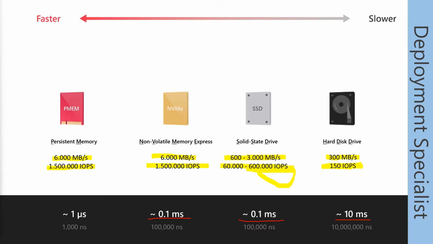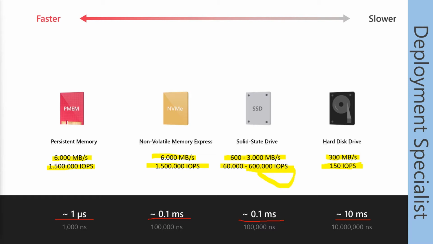The persistent memory is equipped in a memory slot of the main board, so we have a shorter path to the CPU, and the persistent memory has something like 1 microsecond. So it's the fastest memory, the fastest storage we actually can get, in these persistent memory modules for a Storage Spaces Direct configuration with Azure Stack HCI.